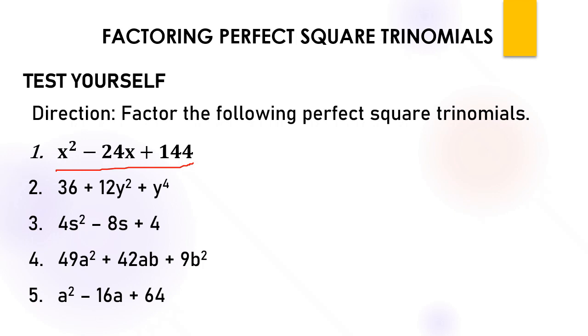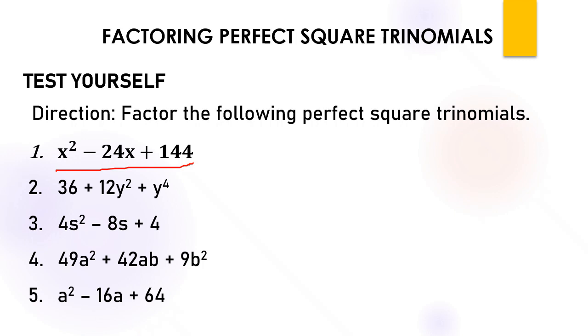So it means that this given expression is a perfect square trinomial. So we can now proceed to the next step. Factor the perfect square trinomial. So what is now the factor of this trinomial?